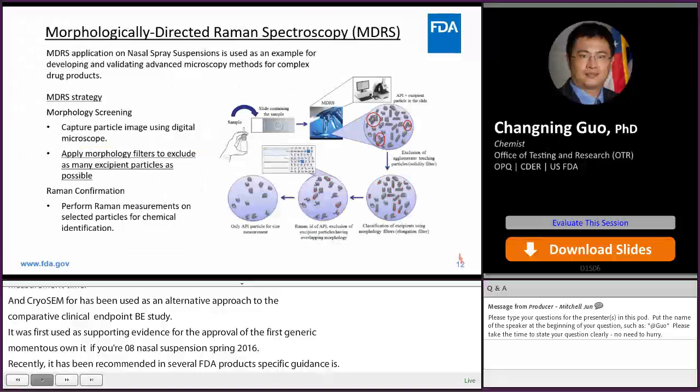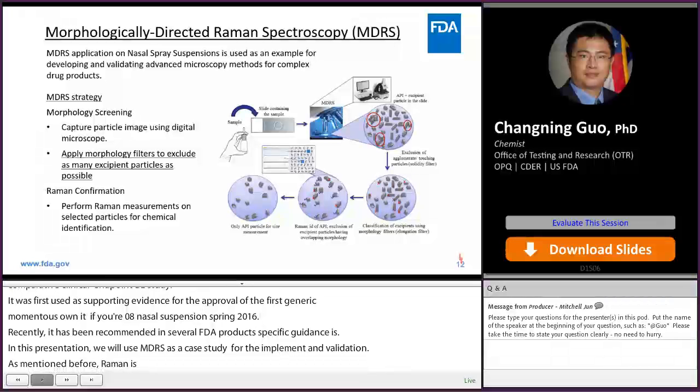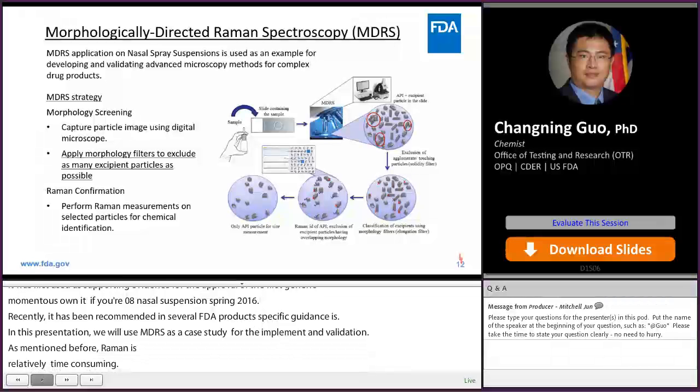As mentioned before, Raman measurement is relatively time-consuming, and what we are interested in is API particles only. We do not want to spend extra time measuring excipient particles. For a lot of drug products, API and excipient particles have different morphological features.